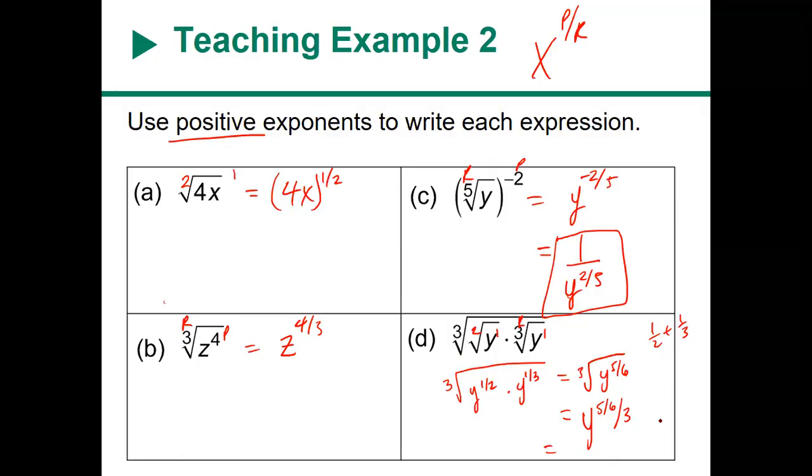The reciprocal. Wait, remember fractions? We don't divide them. We multiply by the reciprocal. So I actually am going to do 5 over 6 times 1 over 3. Because the reciprocal of 3 is 1/3. And from here, I get 5 over 18. So the final answer is y to the 5 over 18.